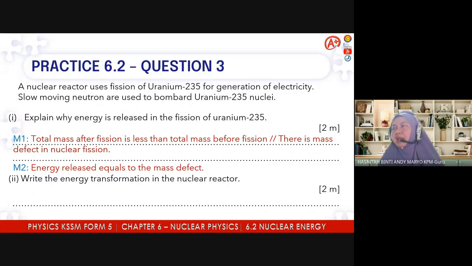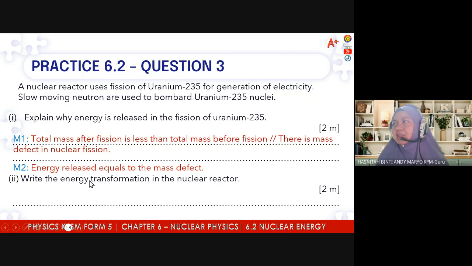Similar to the previous question. Next, how nuclear energy is produced in this process. Write the energy transformation in a nuclear reactor. How many times has the energy been converted until we get from nuclear to electrical energy?